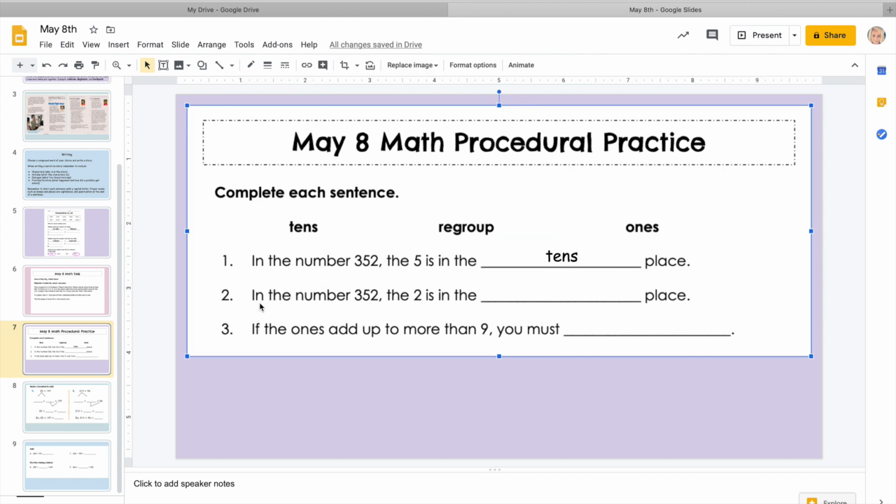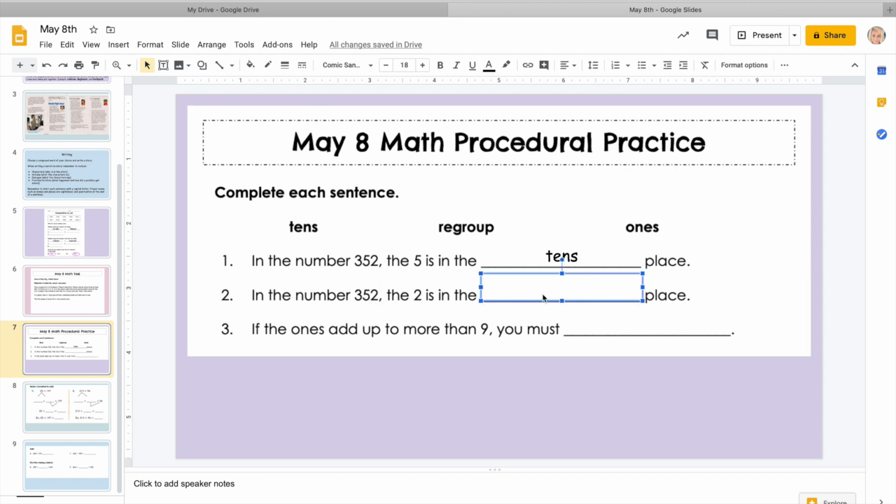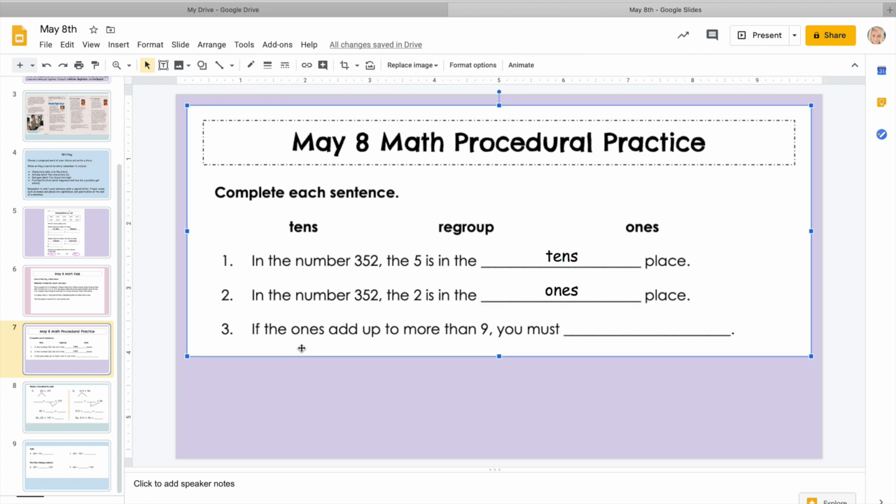So moving on to number 2. In the number 352, the 2 is in the blank place. Well, if you look at the 3, we know that is in the hundreds column. If you look at the 5, that is in the tens column. So that lets us know that the 2 is actually in the ones place. And then moving on to number 3, if the ones add up to more than 9, you must.